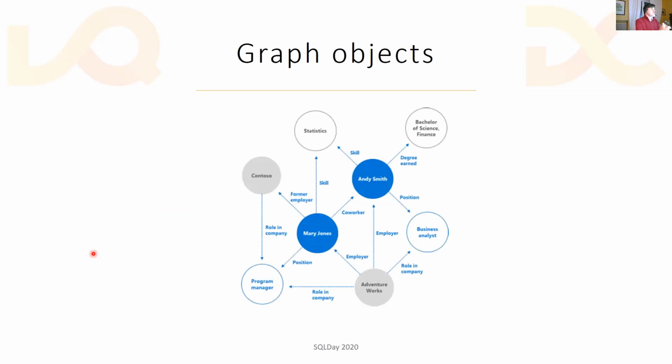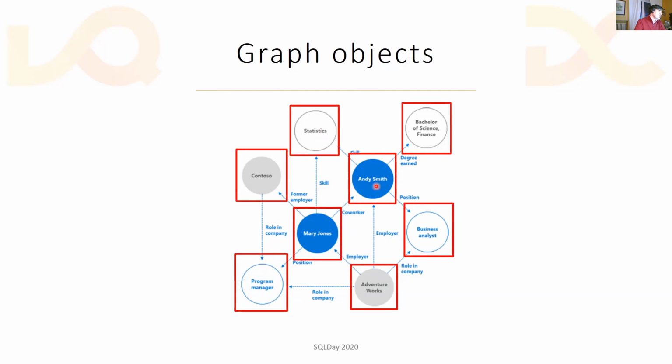So, just to give you an overview of the way a graph database is built up, you have people, you have degrees, you have companies, you have roles, all the balls are nodes because they are describing entities.